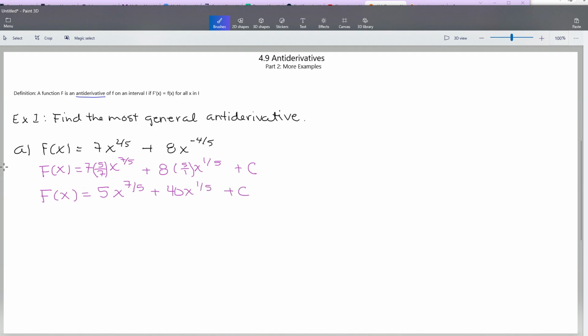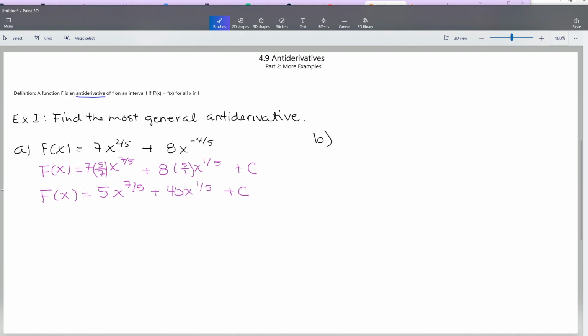Okay, so when we multiply this exponent with 5, we're going to end up with 7, which is exactly what we want. 40 times 1/5 is 8, which is exactly what we want. So we can use that rule that we looked at in the first video, where you use 1 over the exponent or the reciprocal of the exponent.